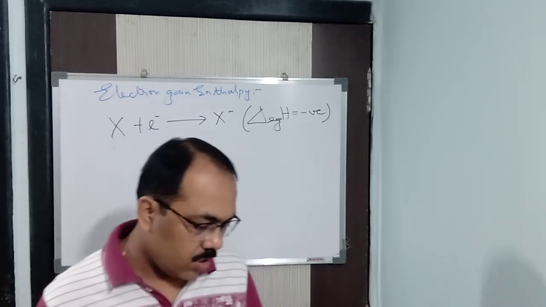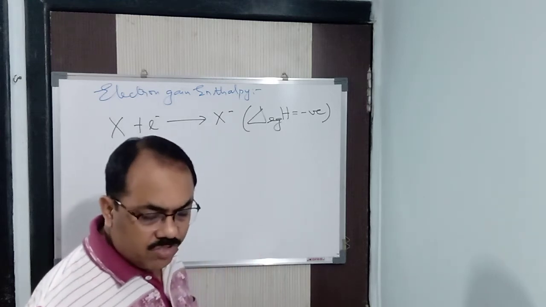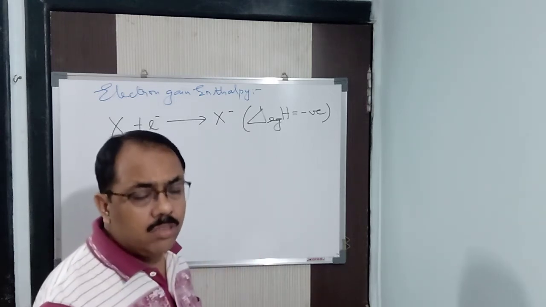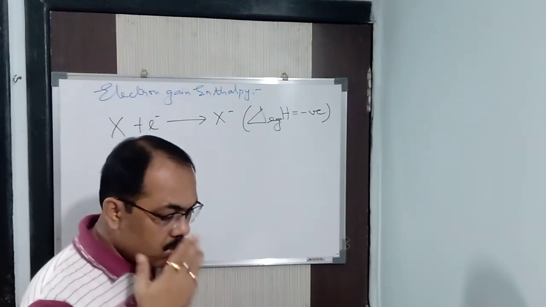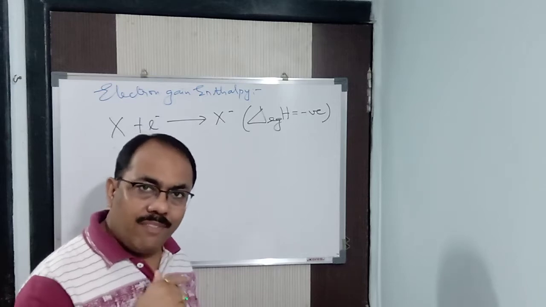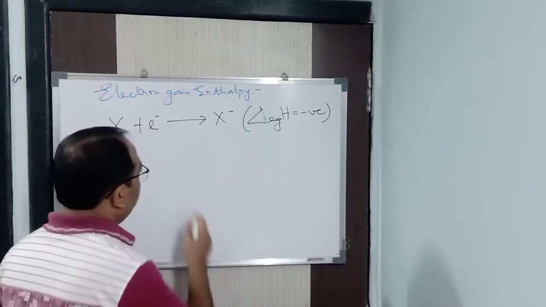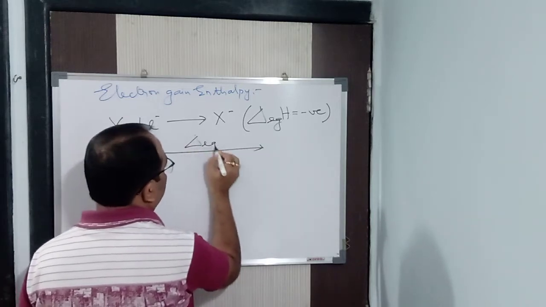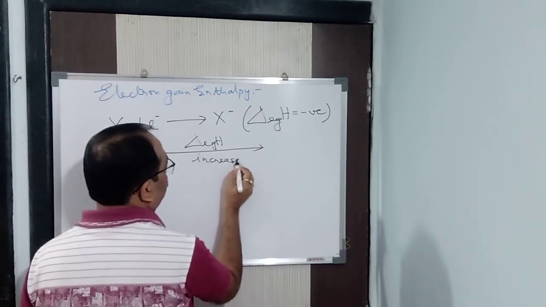So you understood it is the amount of energy released when an atom gains an electron to form an anion, in simple words. Now, when you move from left to right across a period, electron gain enthalpy increases. Mind it. Why?